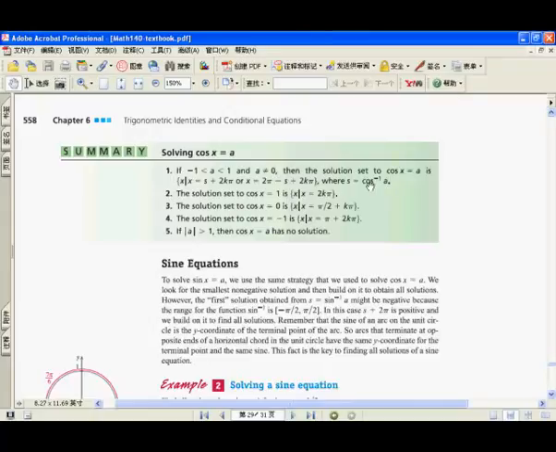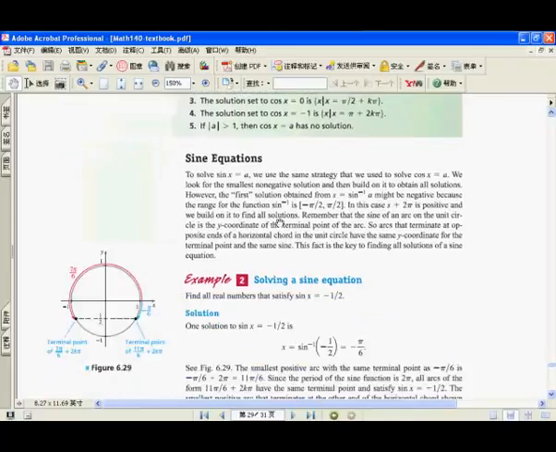We know this inverse cosine of a is between 0 and pi, because the range of the inverse cosine function is from 0 to pi. And then after you find this inverse cosine of a, you can find another solution to this equation between 0 and 2 pi. Let me show you here.